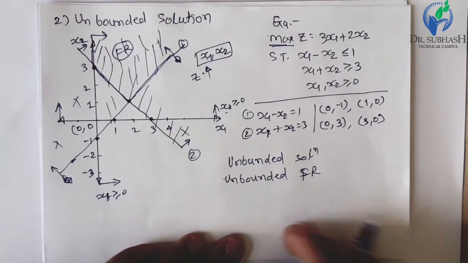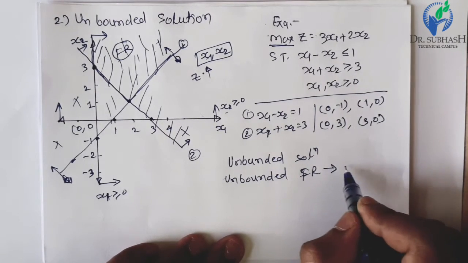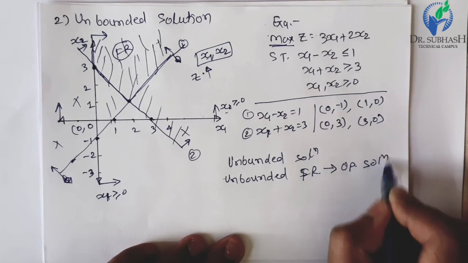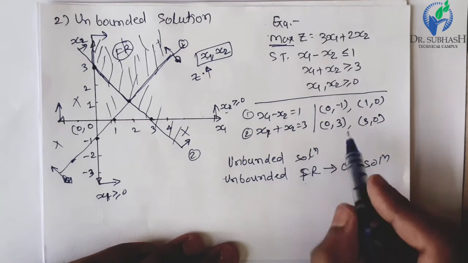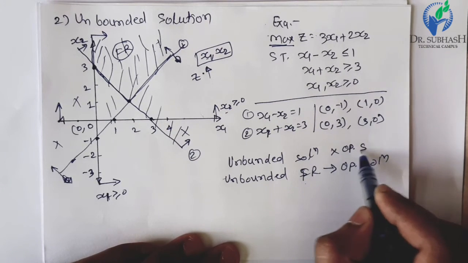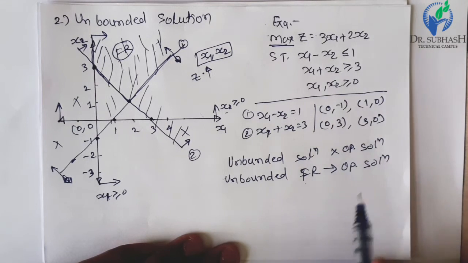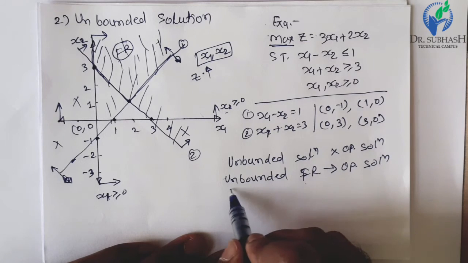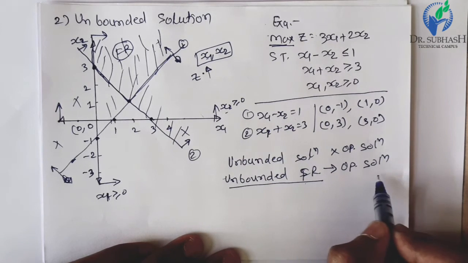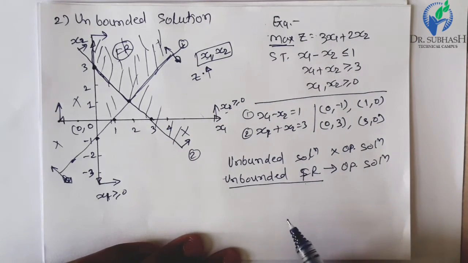There is a difference between these two terms, because an unbounded feasible region may sometimes contain an optimal solution, but an unbounded solution does not contain any type of optimal solution, because the value of the solution may either increase or decrease according to the case. But here, an unbounded feasible region may have an optimal solution. Let's think about this matter with the help of this equation only.